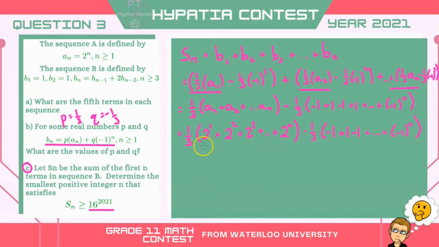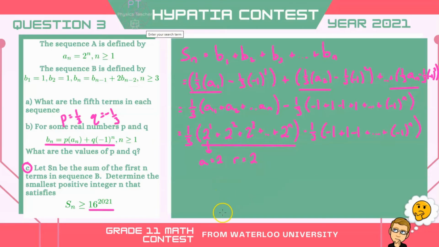All right, so let's look at this first bracket here. Now this is a geometric sequence with first term A as 2, and a common ratio R as 2, because it goes up each time by a factor of 2.